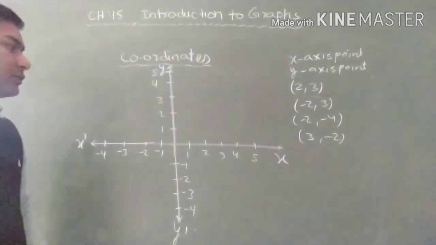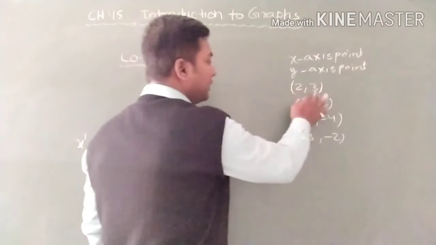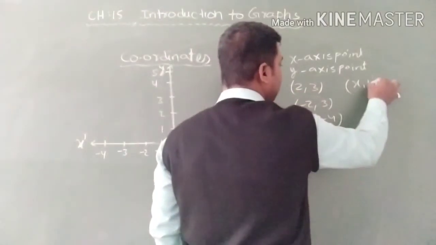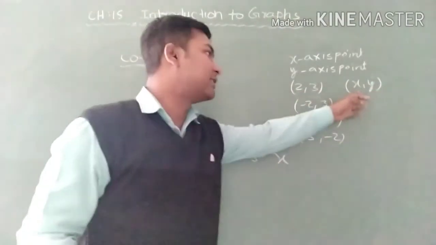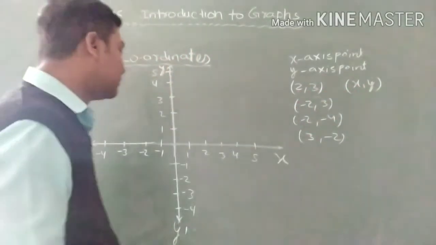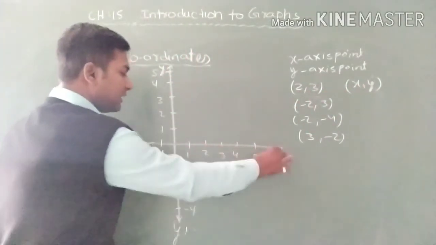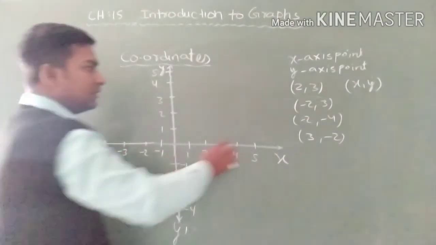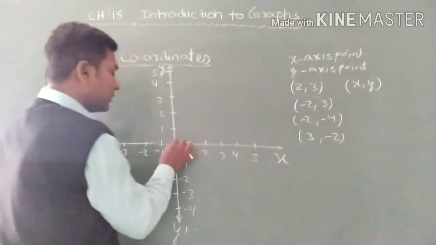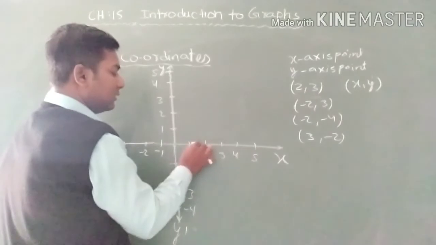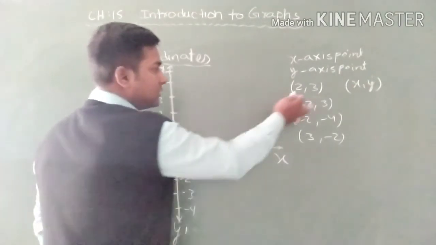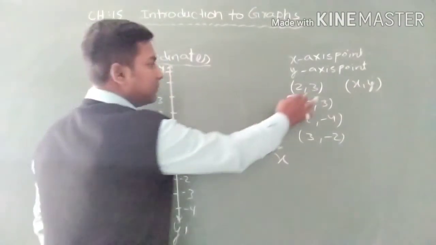Okay. So now first (2, 3). Okay. So we know that on the x-axis the value is 2 and on the y-axis the value is 3. So this is positive x and this is negative x. It is +2, so it goes up to that point. Okay. This is positive 2 on the x-axis. Now what is 3? That is positive 3.